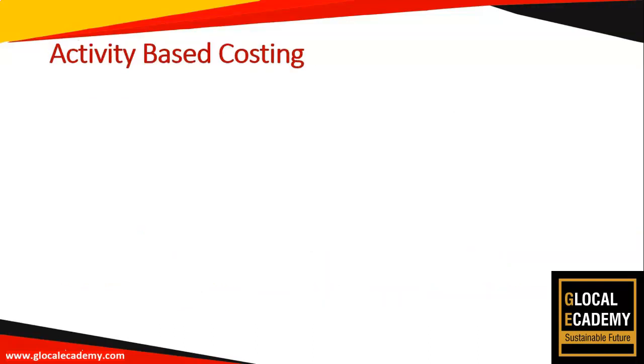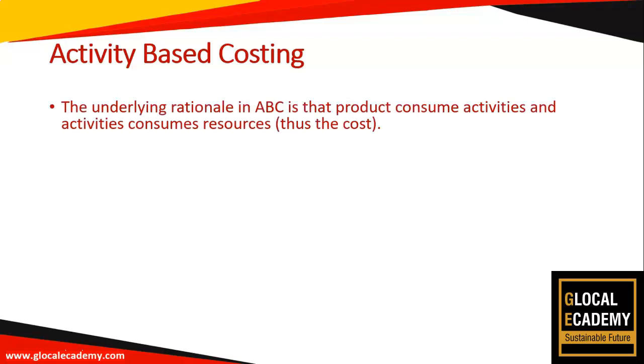So let's understand the basic idea behind activity-based costing. The underlying rationale in activity-based costing is that products consume activities and activities consume resources. That's the cost. So in the past, we believed that products incur cost.